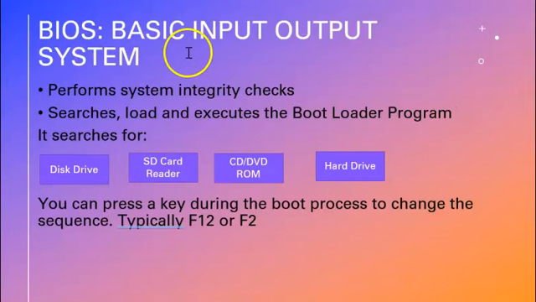The first one is the BIOS, which stands for Basic Input Output System. It performs the system integrity checks. It searches, loads, and executes the bootloader program. It also searches for the disk drive, the SD card reader, the CD and DVD ROM, and the hard drive.